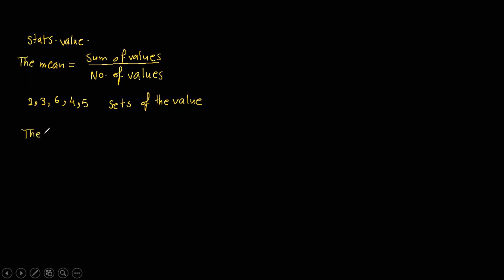The mean will be equal to this rule, the sum of the values, 2 plus 3 plus 6 plus 4 plus 5, over the number of values, 1, 2, 3, 4, and 5. So the sum will be 20 over 5. Then the final result will be 4. So this is the average, the mean. The mean means the average of the values.